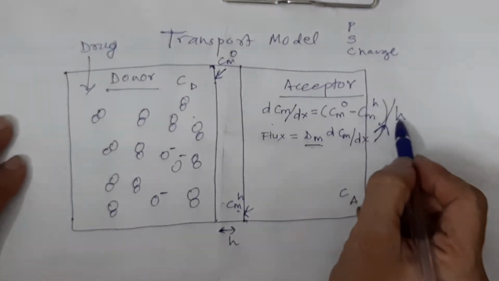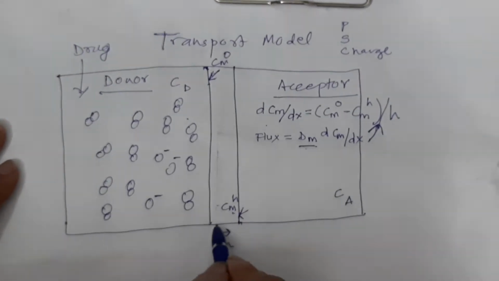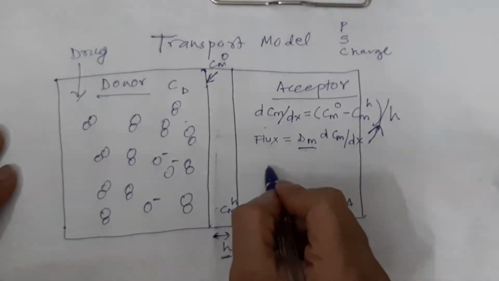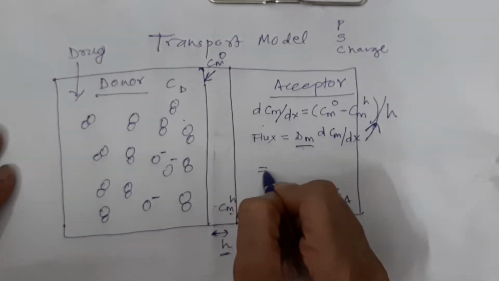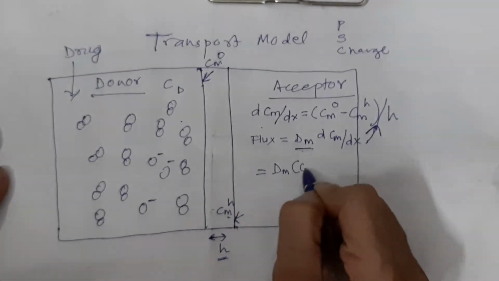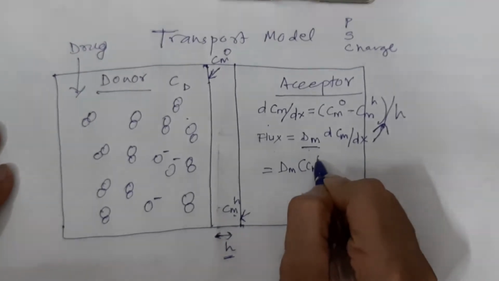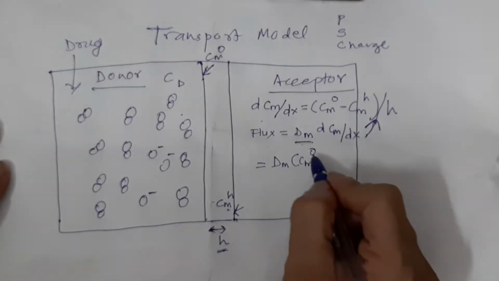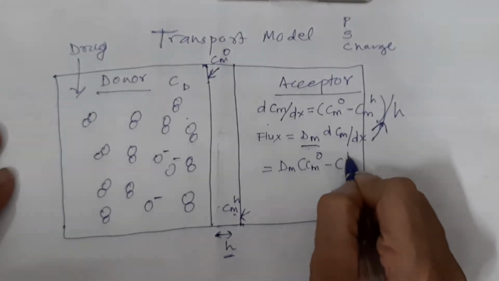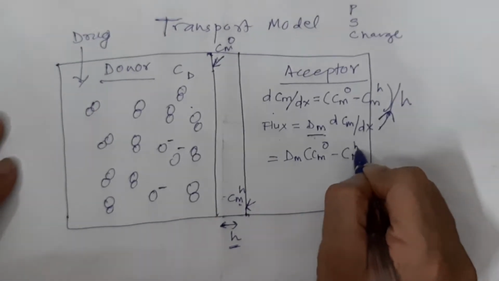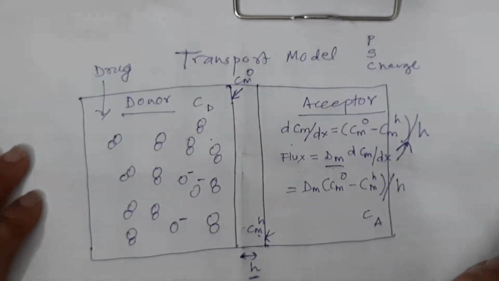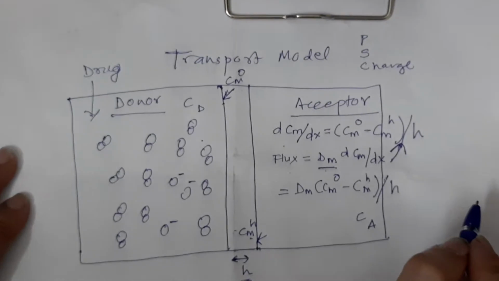This membrane has a thickness of H. Therefore, the same equation can now be written as diffusivity multiplied by the concentration at the donor surface minus the concentration of the drug near the acceptor compartment, divided by thickness. So this can also be given in this form.